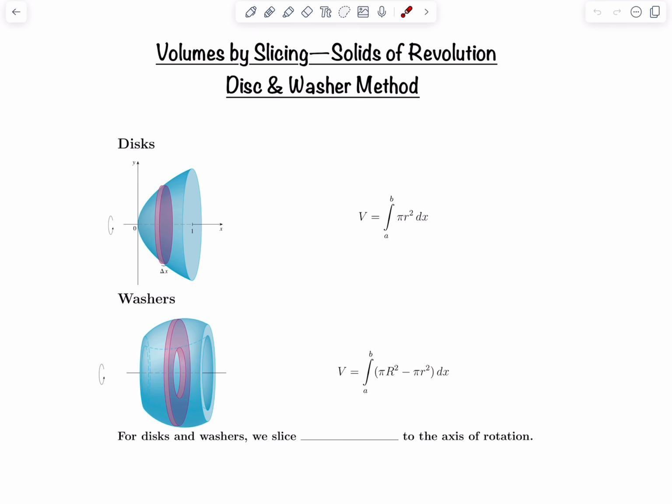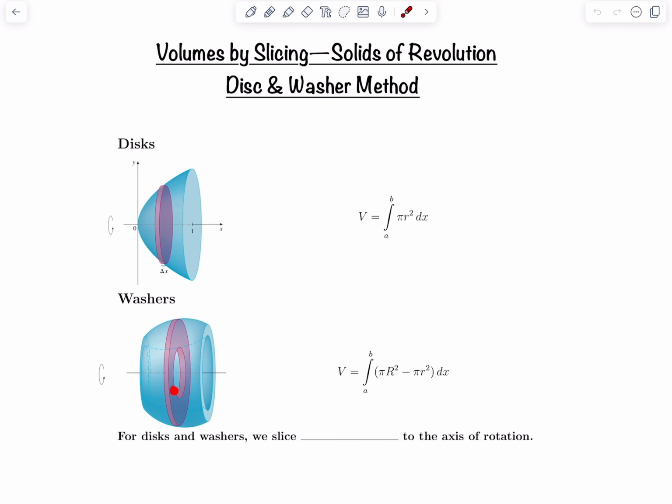Now, in some cases, the region that you spin will have some gaps in it. So this part is open space, all in the middle. It's hollow. So we were given some region here, spun it around the x-axis in this case, and now when we're slicing, each of the slices is not a solid disc, but it's a washer. If you've put together any pieces of furniture from IKEA, you're probably familiar with them.